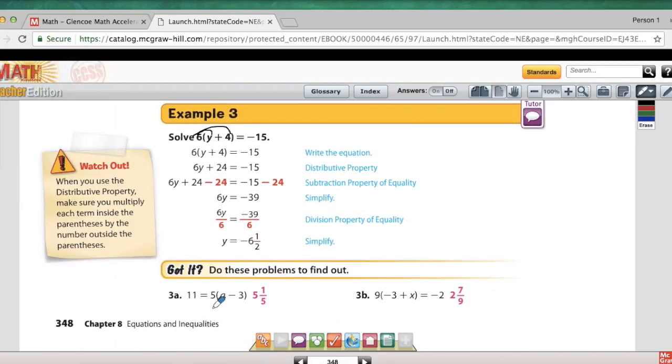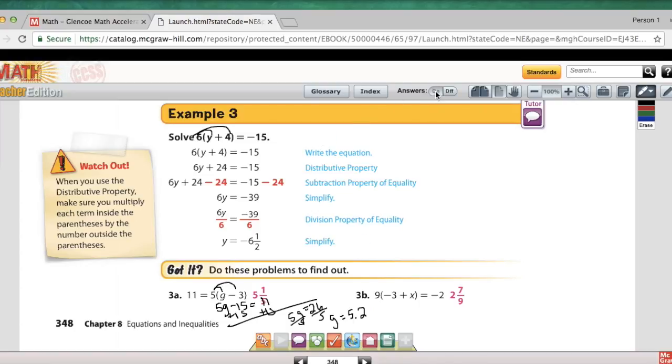So in this case down here at the bottom of page 348, 5 times g, 5 times negative 3 gives us 5g minus 15 equals 11, plus 15 plus 15, 5g equals 26. Divide by 5, g equals 5.2. Double check my answer there.